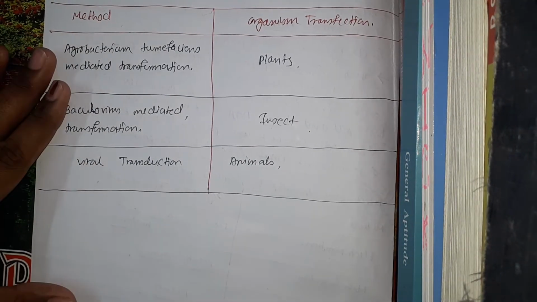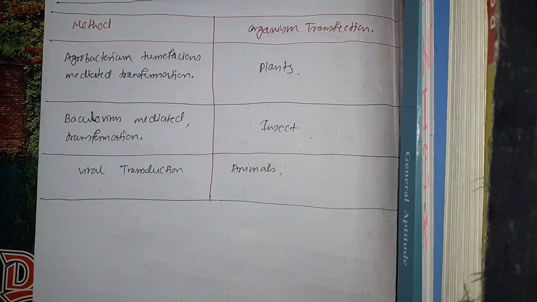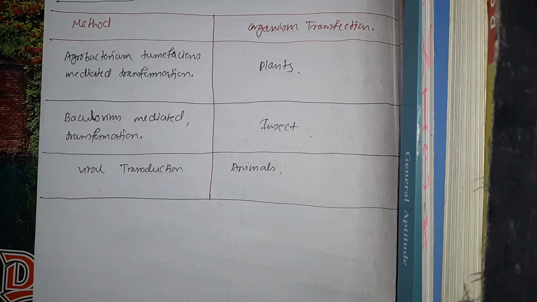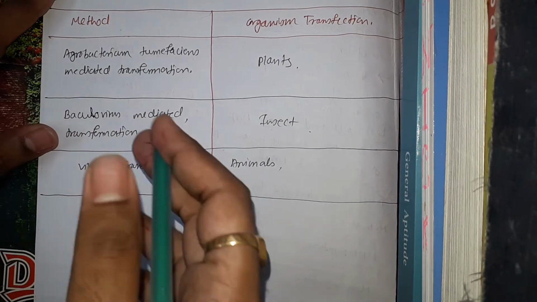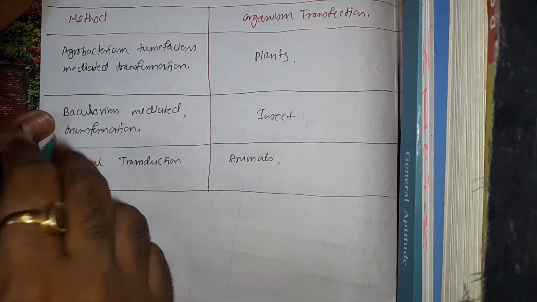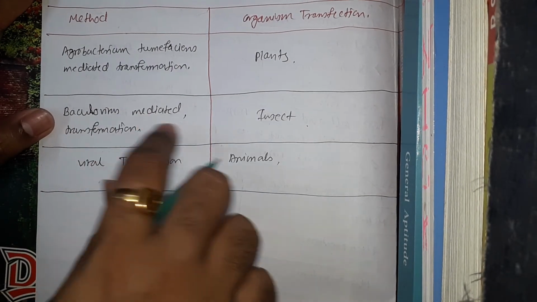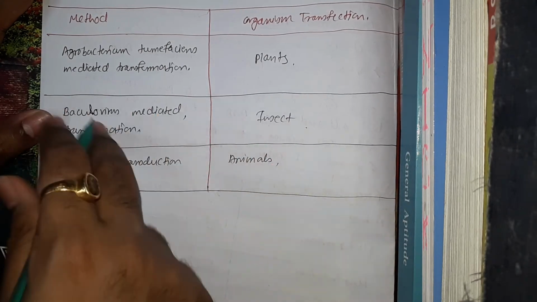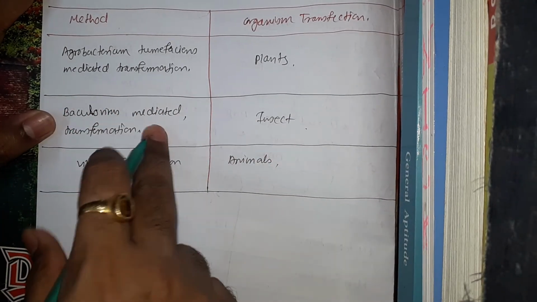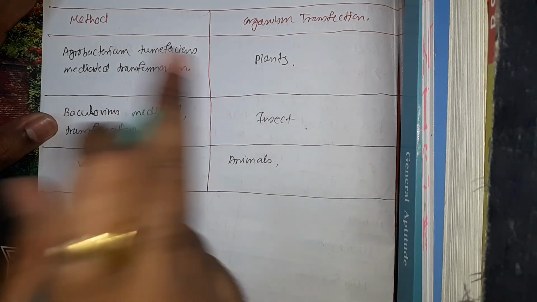About baculovirus based vectors, I have already made a video. If you want to know what a baculovirus based vector is, you can go to my YouTube channel and search for that. Baculovirus is not only used as a vector, but it can also be used as a transformation procedure. Here it is going to infect insects, so we can only use baculovirus for transformation of that organism.